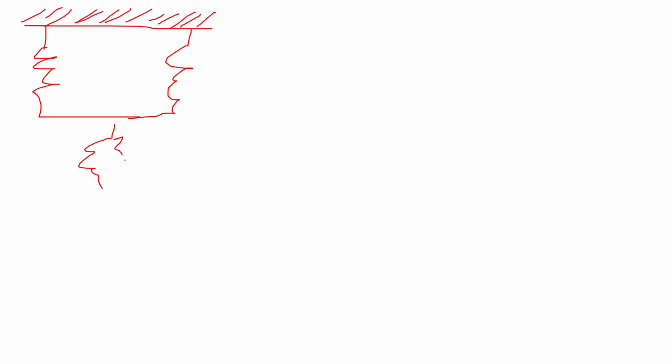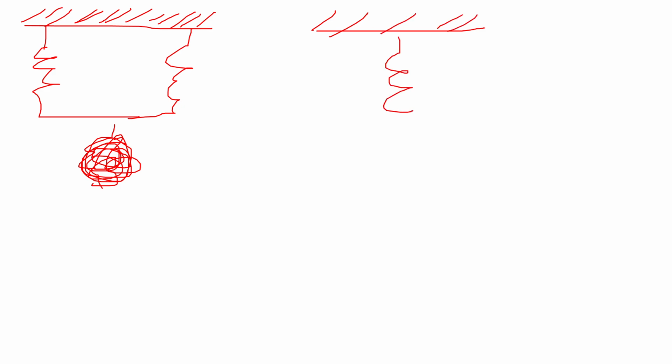Anyways, there's gonna be 2 types of springs. It's not an experimentation, but I think they're gonna ask it in theory. So there's gonna be a parallel one. Oh shoot, this is an object. This is a ball. And then there's gonna be a series, spring 1, spring 2.